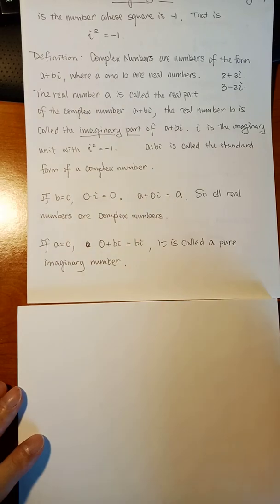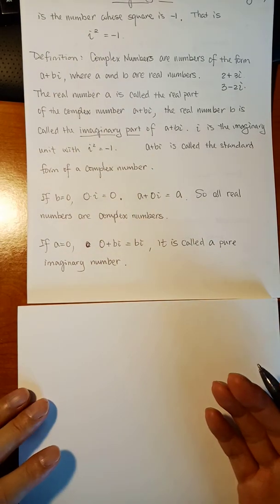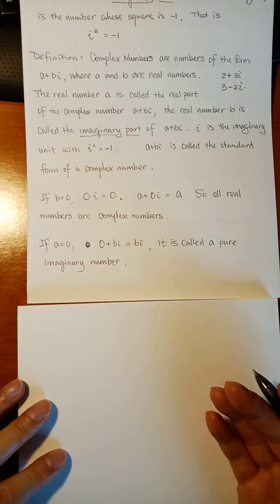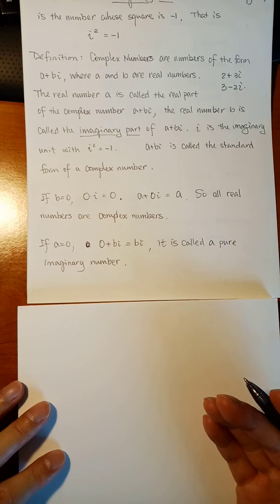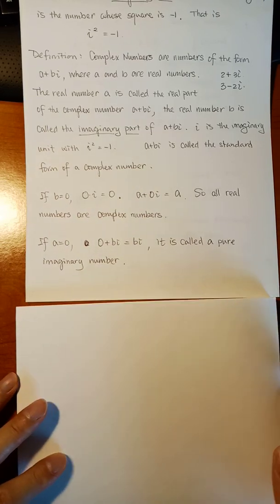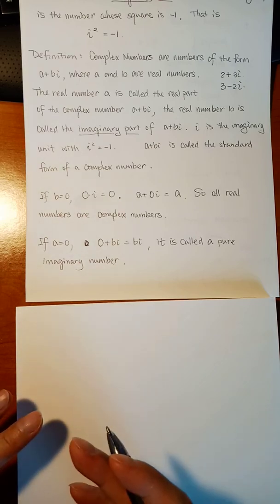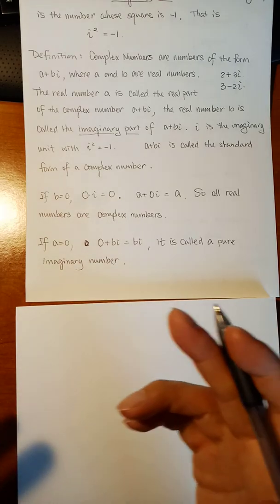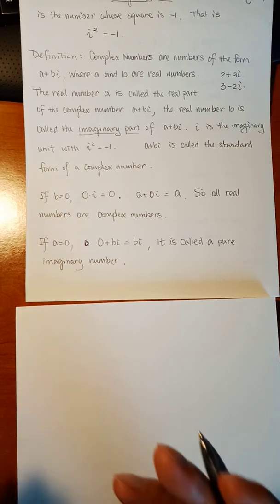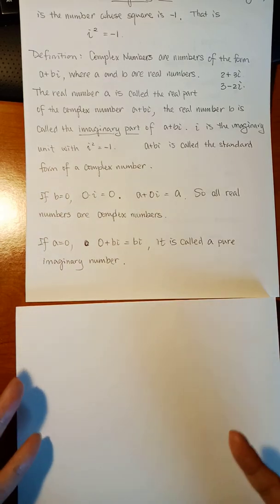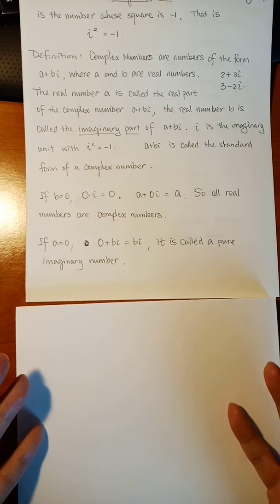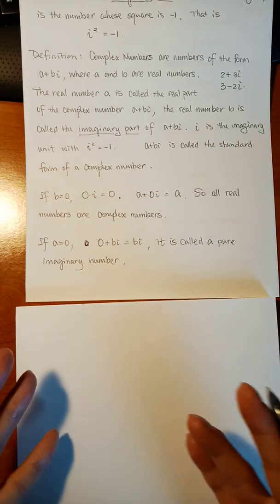Okay, so now we have a brand new number system. When we have a new number system, we have to study its addition, subtraction, multiplication, division. It's like when we have negative numbers, we have to know what happens if you have a negative number plus a negative number, or negative number plus a positive number, or negative number times a negative number.